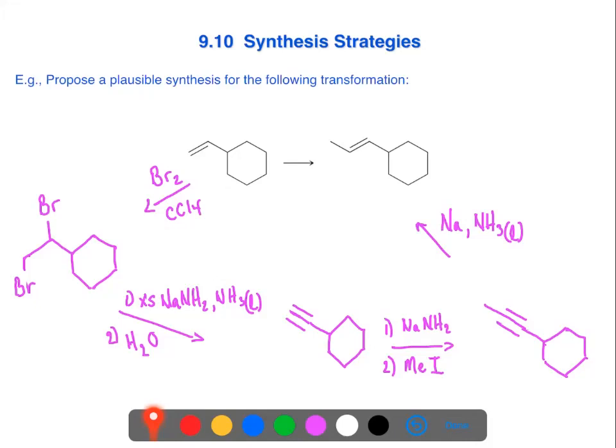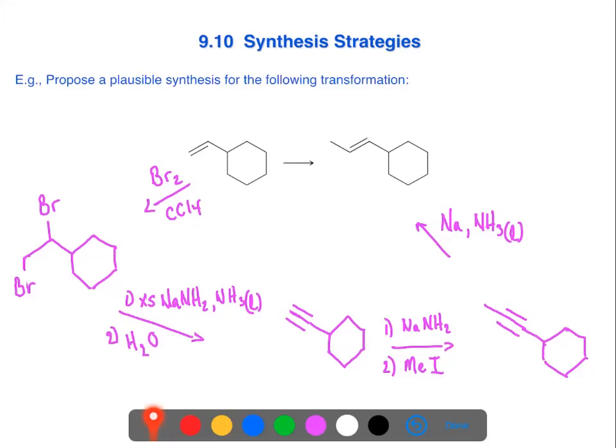It is possible to somewhat simplify this synthetic route. You'll note that in the 2nd and 3rd step, we generate the alkynide and then we quench it. There's nothing really stopping us from, instead of quenching with water, introducing methyl iodide sooner. And so it might just depend on whether or not you can carry out this complete synthesis in a single day. You may want to just isolate and purify this particular intermediate product first before carrying out successive alkylation reactions.